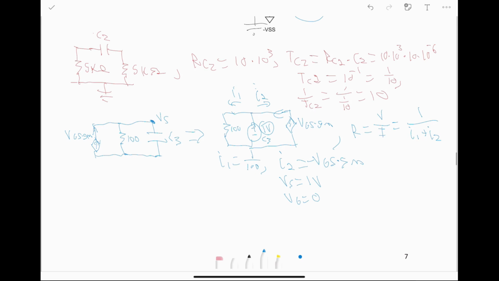Therefore VGS is going to be equal to Vg minus Vs, which is equal to 0 minus 1, which is negative 1. So if we rewrite this, we see that I2 is equal to negative 1 times negative 1 times GM, which is just equal to GM.